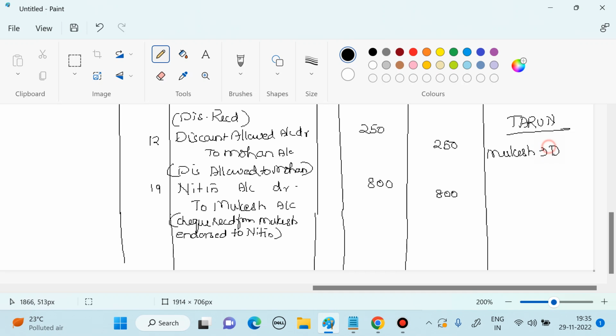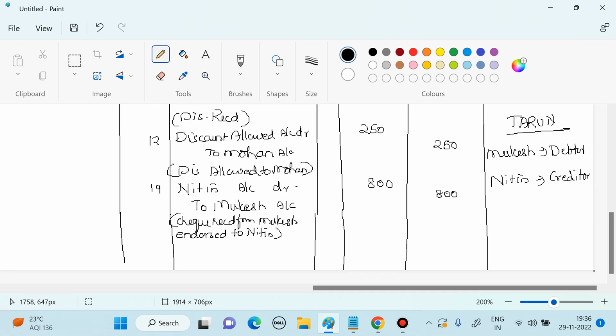So Mukesh is basically a debtor for Tarun. Got this? And it is endorsed to Nitin. Who is Nitin for Tarun? Why would Tarun give the check to Nitin? He would give it to Nitin because probably some amount of 800 is payable to Nitin by Tarun. So that means Nitin is his creditor.